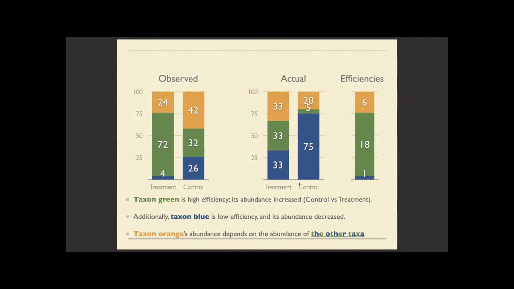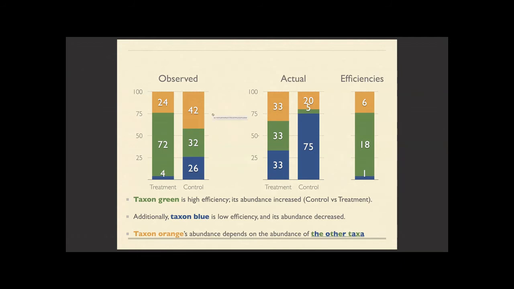And so the abundance of the green taxon increased from the control to the treatment group, and in some sense the green taxon ate up more of the pie of what was available to be observed. Similarly, this blue taxon, which was in high abundance in the control sample, has very low efficiency.